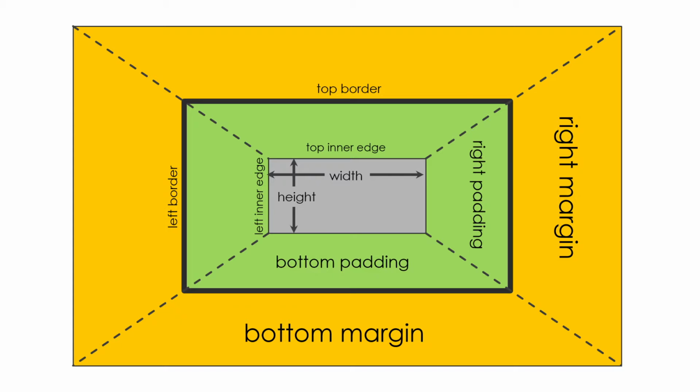And then the borders in between the margin and the padding, we have the top border and the left border, and inside the padding are the contents, with the padding highlighted in green. The content has width and height.